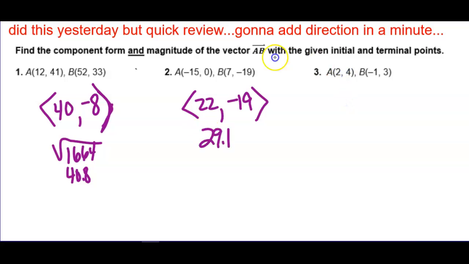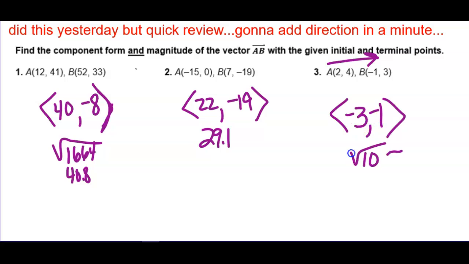And on this one, if we just do what it says and go A to B, we'd have 2 to -1 is down 3, 4 to 3 is down 1, and 3 squared and 1 squared would be square root of 10, or 3.16. All right, that's what we did yesterday, just reviewing, okay? So it's x2 minus x1, y2 minus y1, and then Pythagorean theorem to get the magnitude.